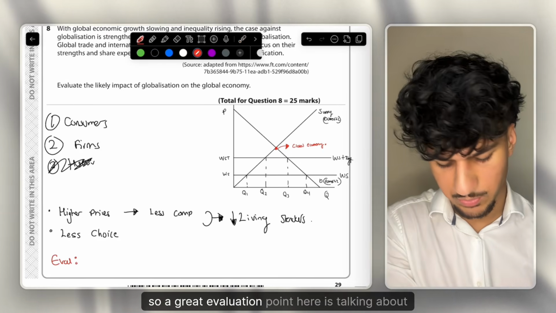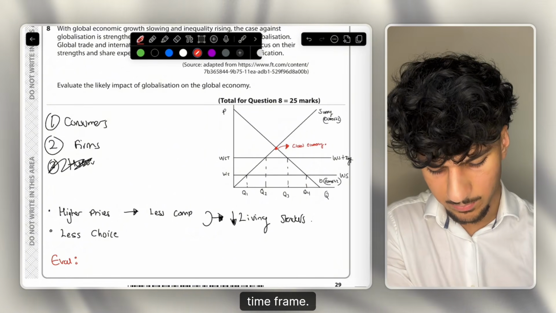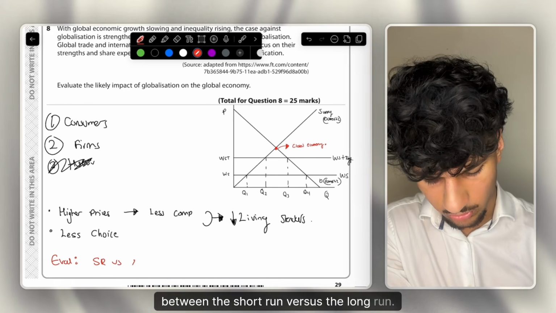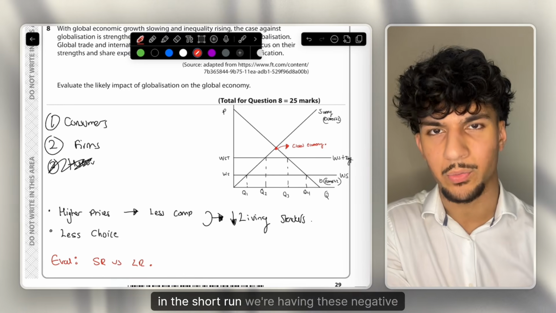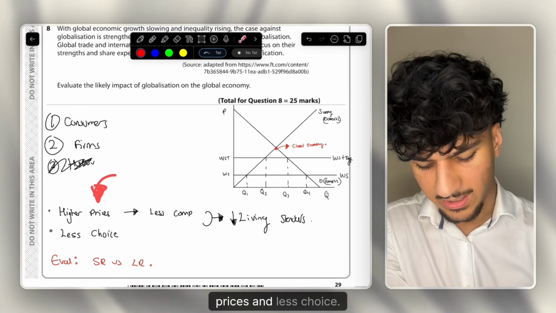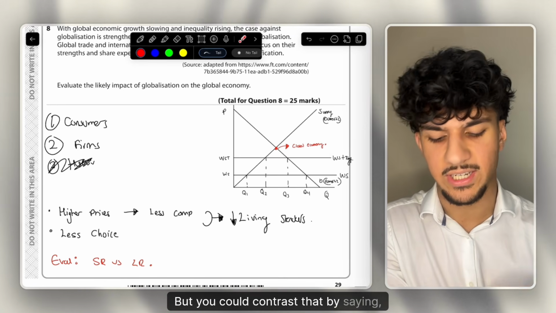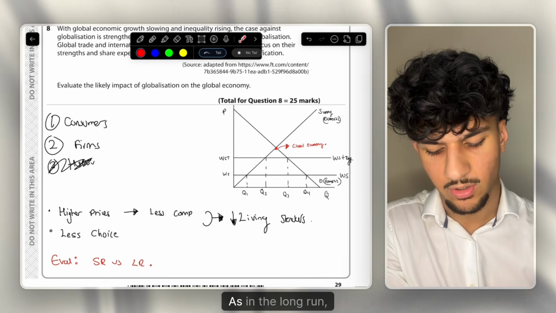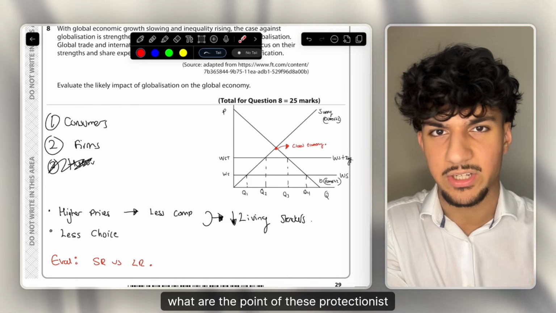Okay, so a great evaluation point here is talking about time frame, so talking about how the effects may differ between the short run and the long run. In the short run, we're having these negative effects where consumers are suffering from higher prices and less choice. But you could contrast that by saying, however, in evaluation, this depends on the positive effects in the long run. In the long run, what is the point of these protectionist policies?